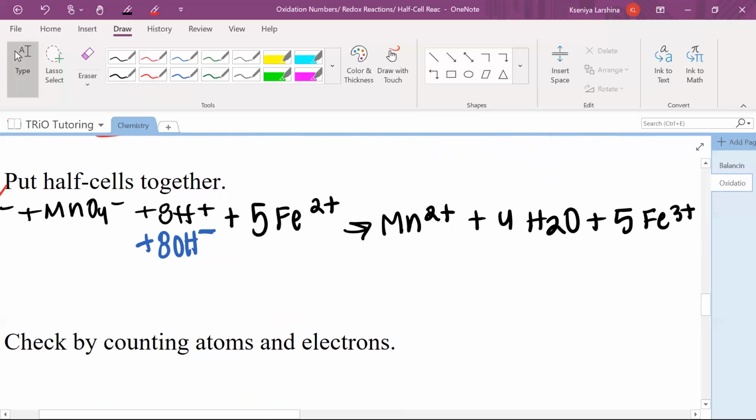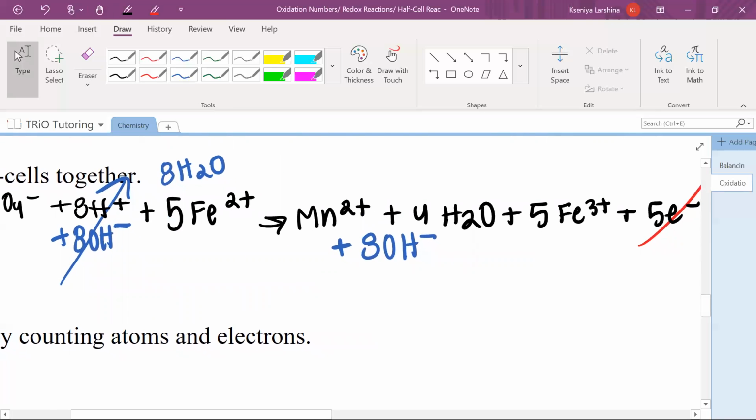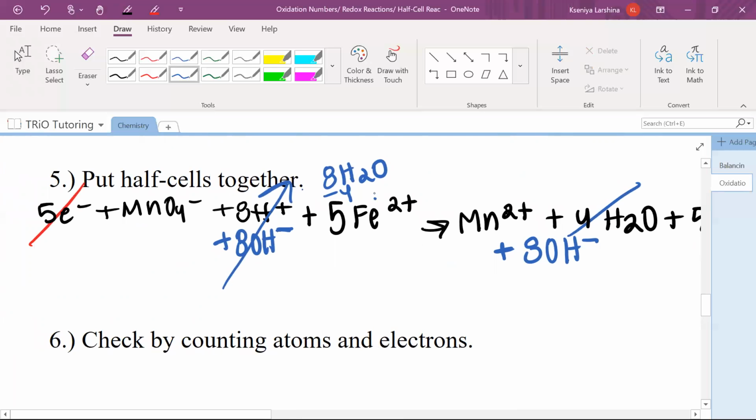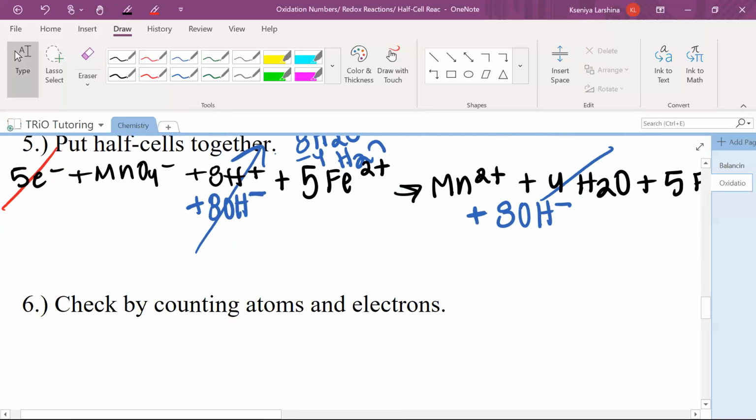And if you do something on one side, you have to do it on the other side because this is a balanced equation. So this would turn into 8 H2O because hydrogen and hydroxide turn into water. And that would mean that these 4 waters would cancel out. So you just subtract 4 waters from each side.